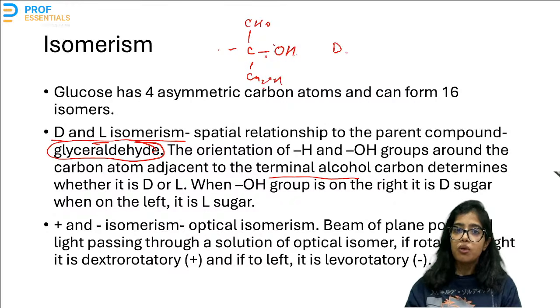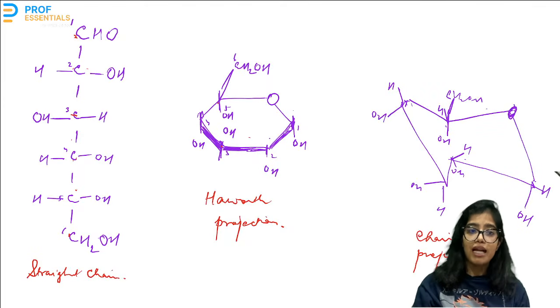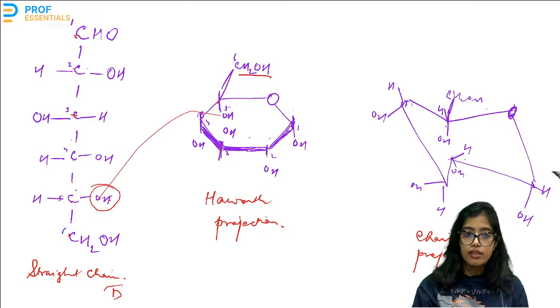And if it has OH on the left side, then it is L-glyceraldehyde. Similarly, for glucose, if the carbon atom adjacent to the terminal alcohol, that is this one, has OH on the right side, then this is D-glucose.